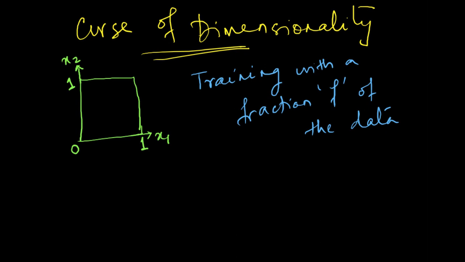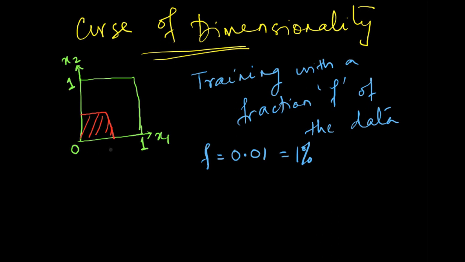Then you will have to draw another smaller square, and this will basically represent your training data. Now let's say, for the sake of simplicity, that your f is equal to 0.01, which means that you want to take 1% of the data and do training on that.